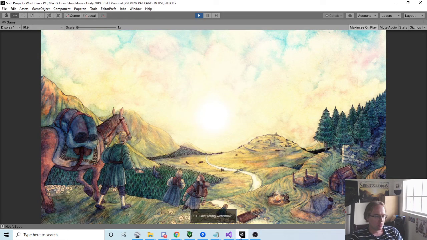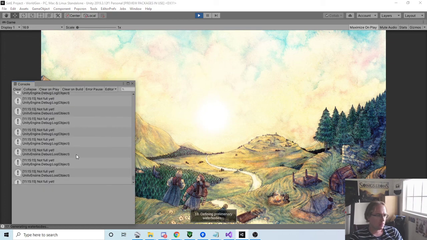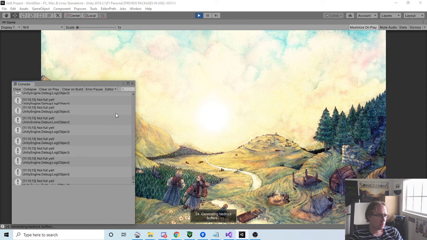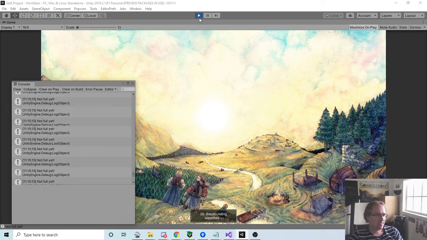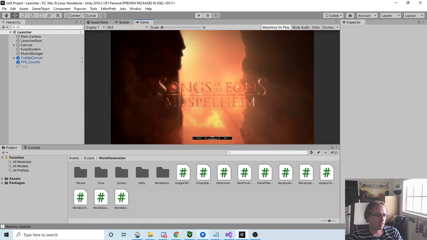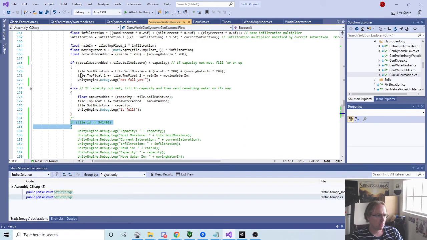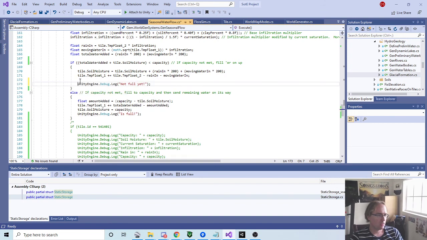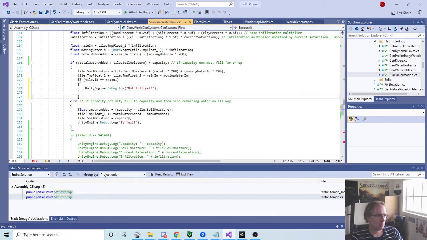Oops. I accidentally logged it. Yeah, it's gonna take forever. Oopsie daisy. I forgot that I needed to make it contingent on a specific tile ID.